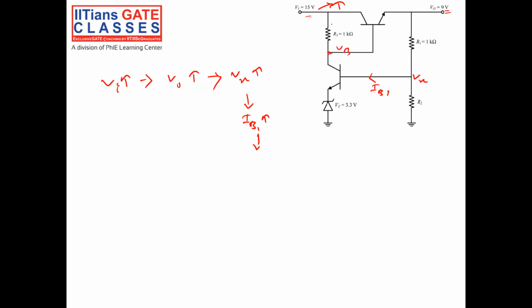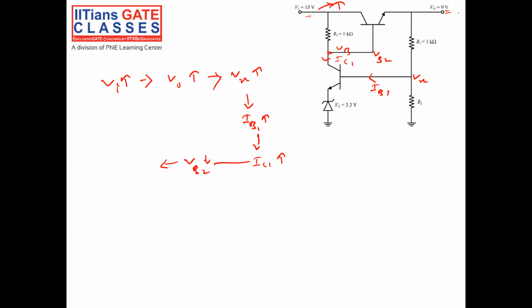If IB1 increases, it will increase IC1 also. Now, if IC1 increases, what will happen to VB? VB is nothing but Vin minus IC1 into R3. So what will happen to my VB2? VB2 will decrease.